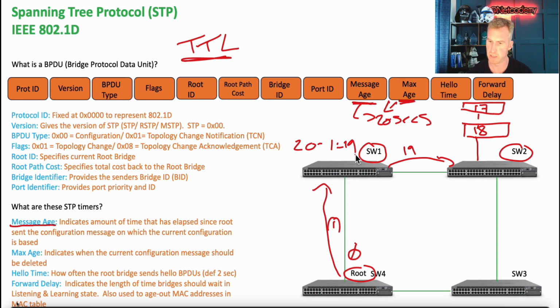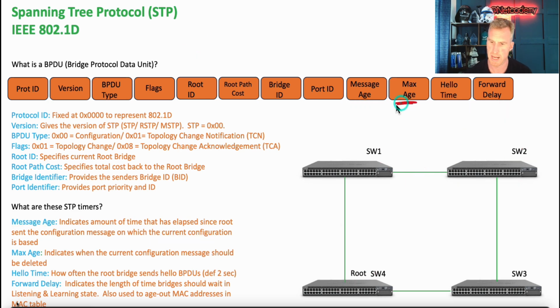When it gets to switch SW2, because we've had 2 hops here, I keep calling them hops, but it's really the same concept, suddenly it's going to be 20 minus 2 equals 18. So it just gives a degree of trustworthiness in terms of that message age and that configuration that's contained within that current message.